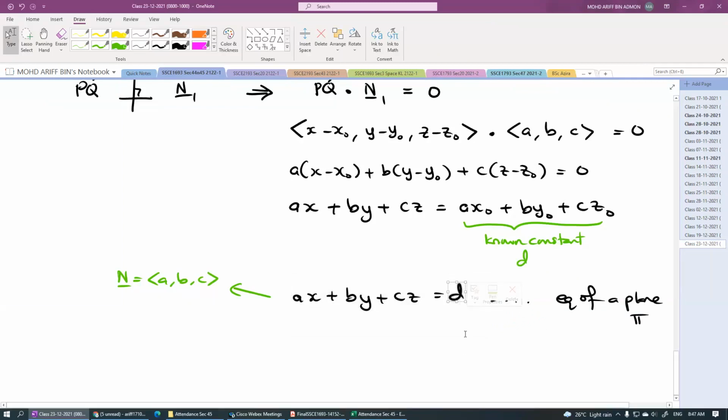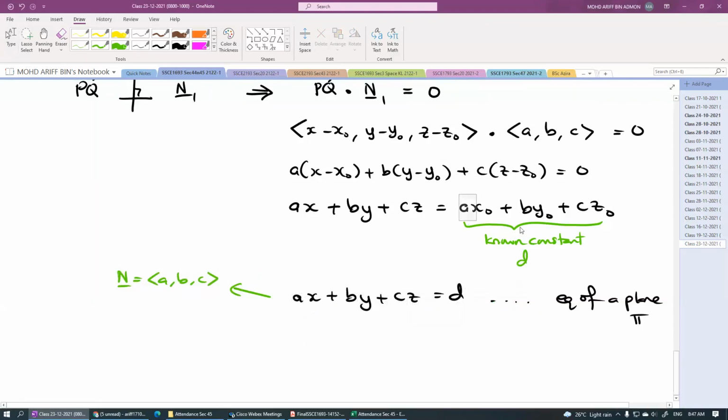Are you sure? If you are having this equation of a plane, the information that you can extract is just regarding the normal vector only, because you can see clearly from the coefficient of x and also y and also z. But how do we get our x naught, y naught, z naught point on the plane? That's impossible.